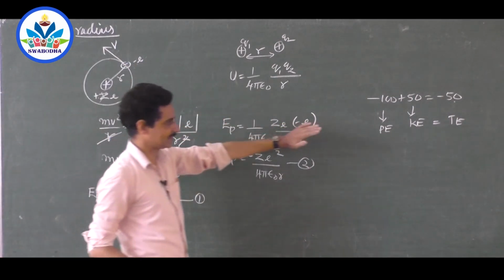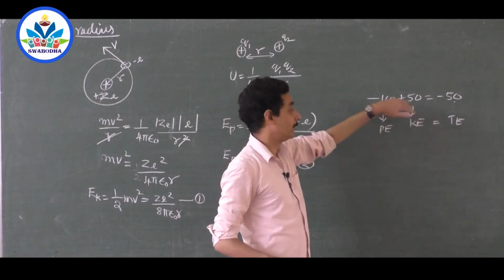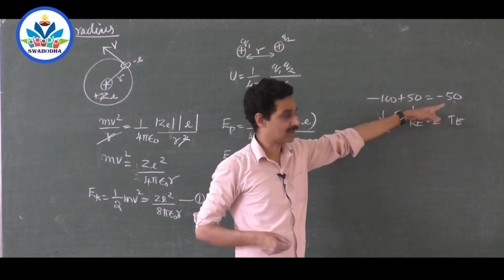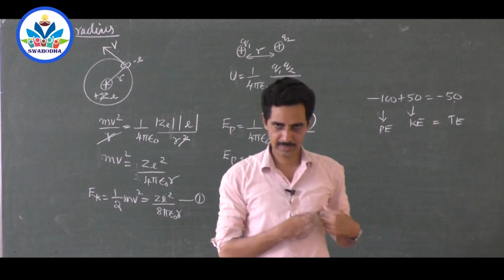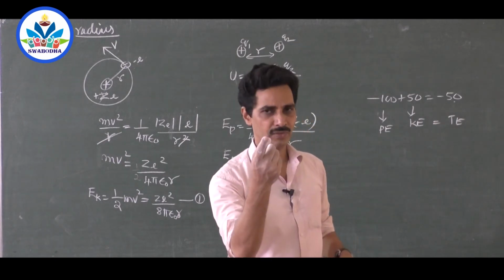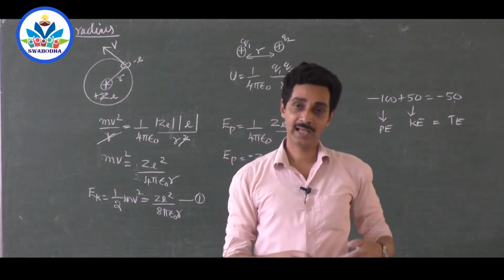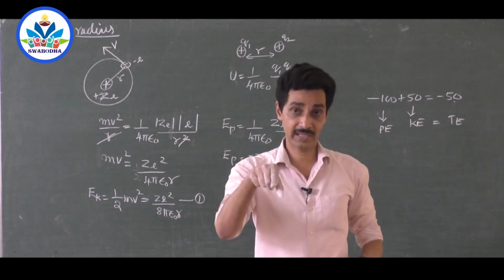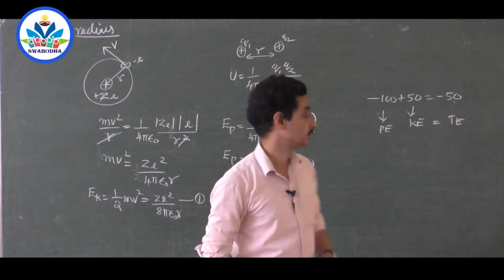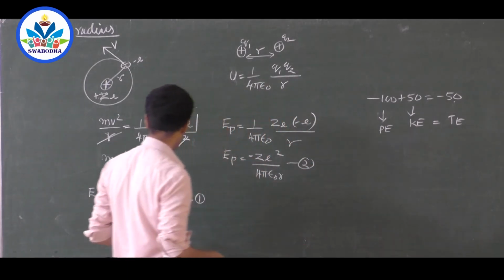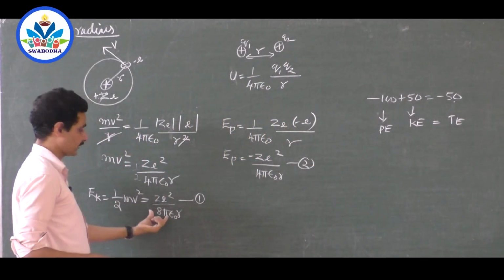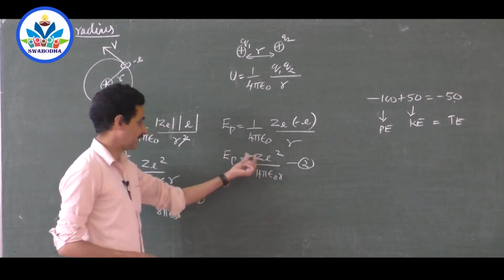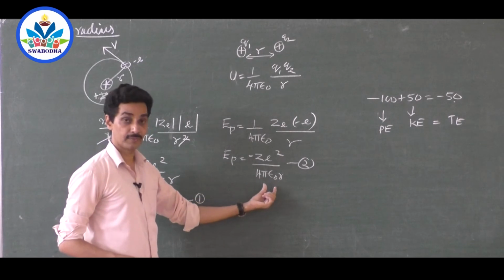You see, just see this number: minus 100 loan, plus 50 pocket. But still you are under the loan, right? I have 50 rupees in my pocket, but I have taken a 100 rupees loan from the bank. But still I am under loan only, because if I give 50 rupees to the bank, still minus 50 is remaining. So similarly here you see, kinetic energy is positive ZE square by 8 pi epsilon naught r, same formula, but potential energy is negative, ZE square by 4 pi epsilon naught r.